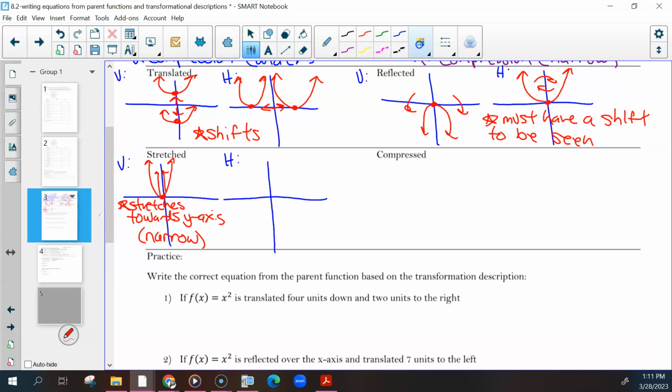A horizontal stretch is going to do the same thing, but for your x-axis. It's going to stretch towards your x-axis, which is why it ends up getting wider. So then my note would be the same, but stretches towards the x-axis.